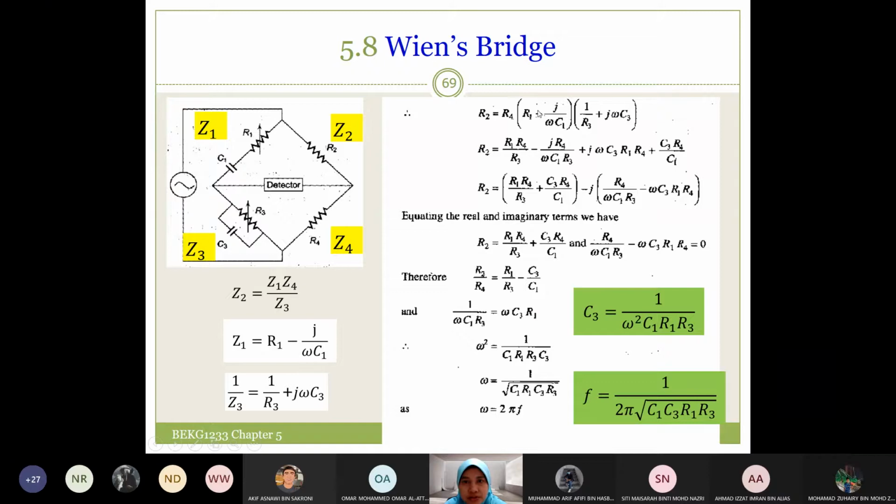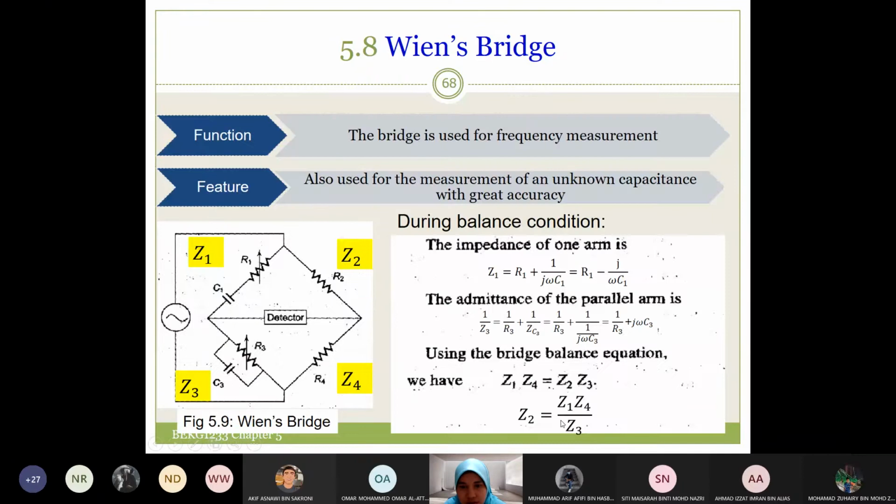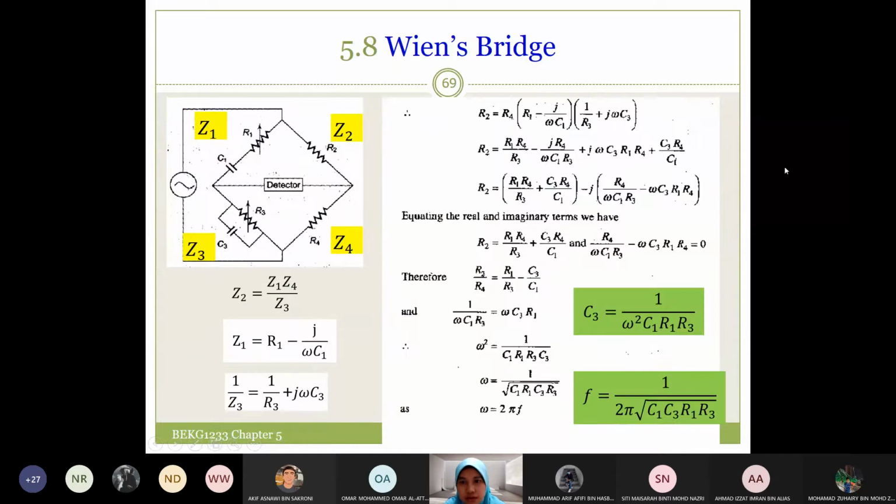So this is Z1, and then divided by Z3. Z3 is equal to this, so we just multiply with this, the component of 1 over Z3. And then please expand your equation.